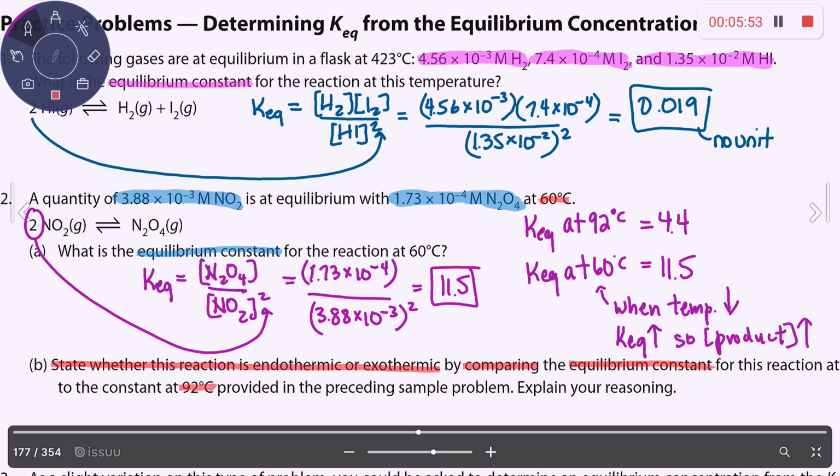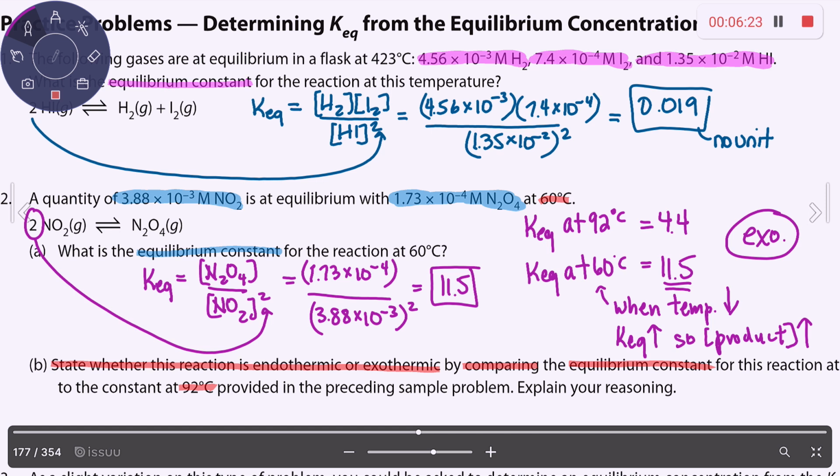You tell me. Take a guess. Educated guess. Exo. Yep. Because when they dropped the temp, we shifted right. We produced more product. That means the numerator was a greater value. That's why my equilibrium constant increased. Does that make sense? Okay.